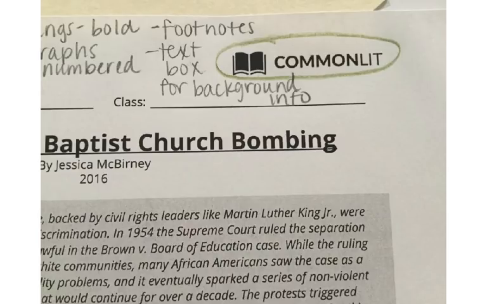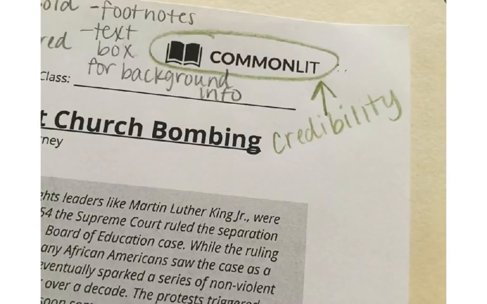It is a one-word answer, and I would be impressed if you could guess this. All right, here it is. The watermark or the brand name, whatever you want to call it, of Common Lit adds credibility to the article.